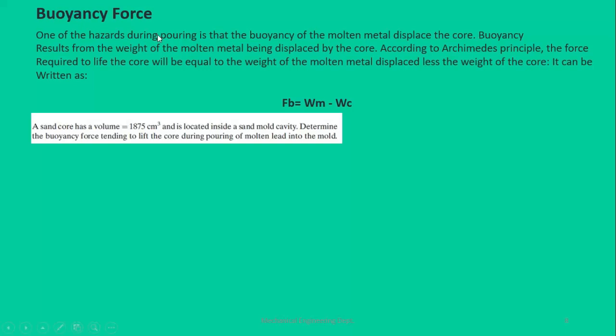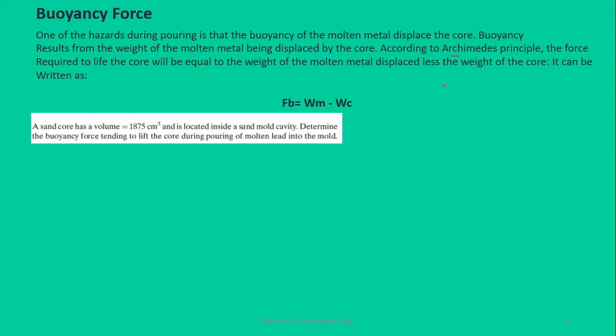So buoyancy force results from the weight of the molten metal being displaced by the core. As you have studied the Archimedes principle in high school, the force required to lift the core will be equal to the weight of the molten metal displaced by that body minus the weight of the body itself. So the buoyancy force acting on the core would be equal to the weight of the molten metal.